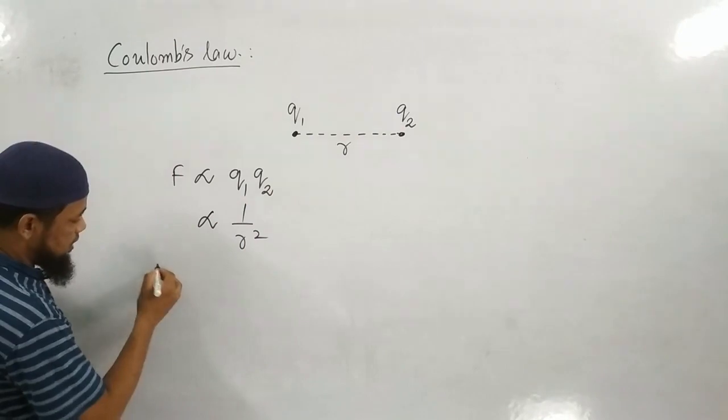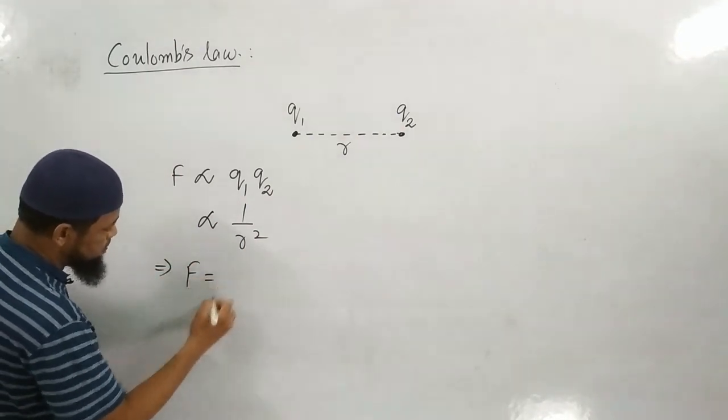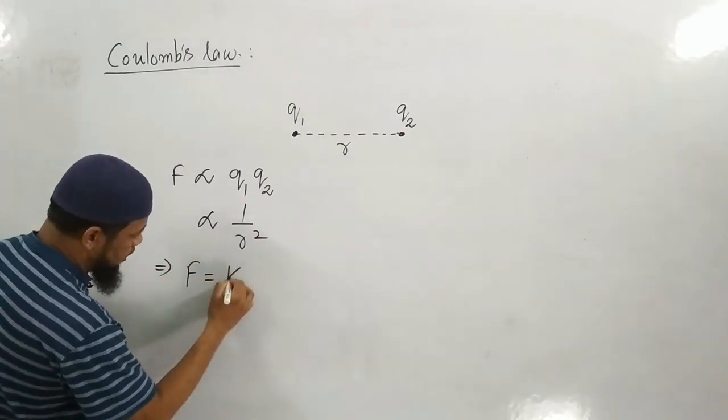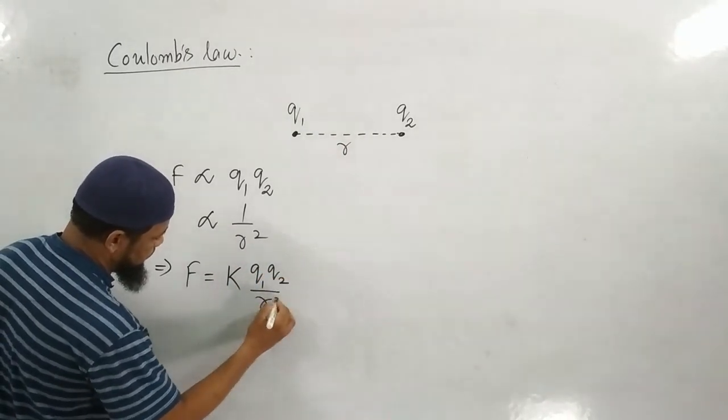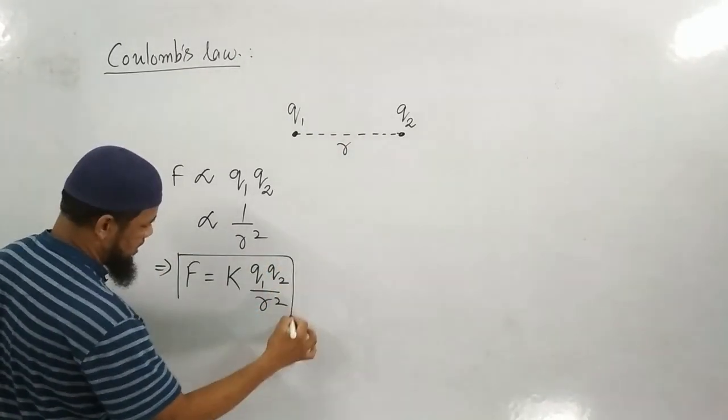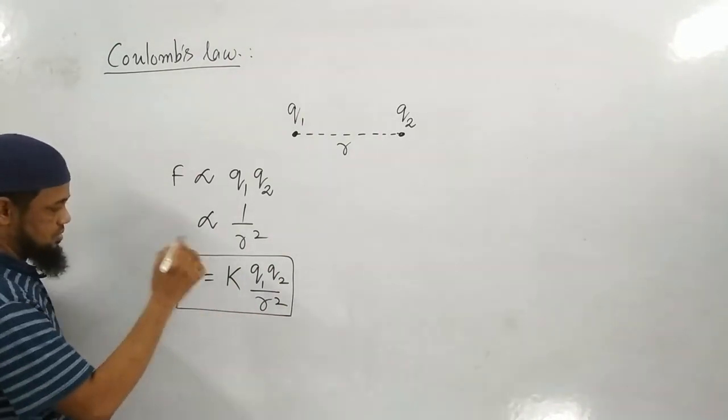When you make it equal, force becomes a constant of proportionality times Q1 Q2 by r square, as simple as it is.